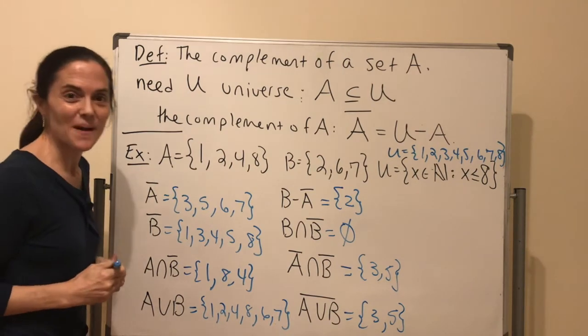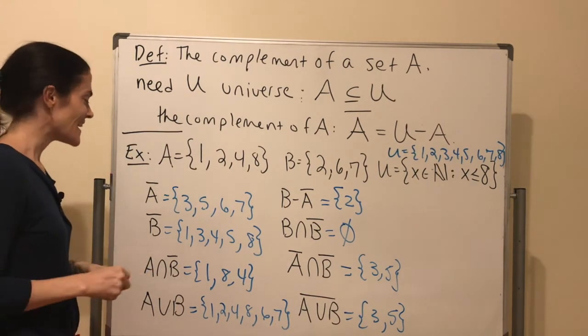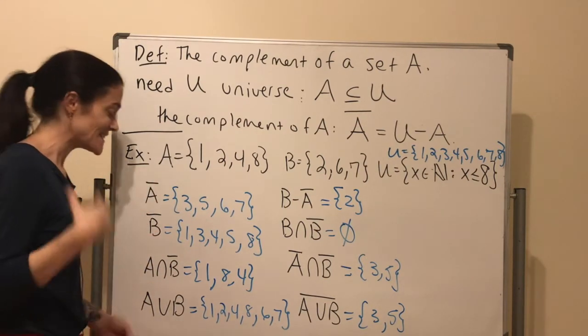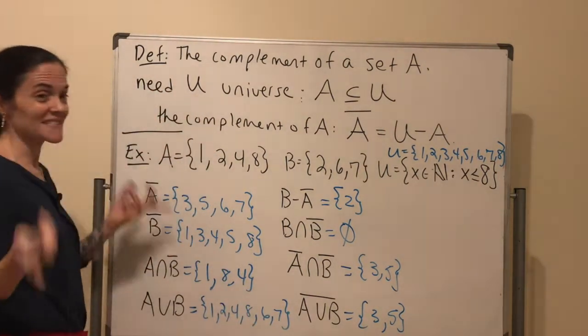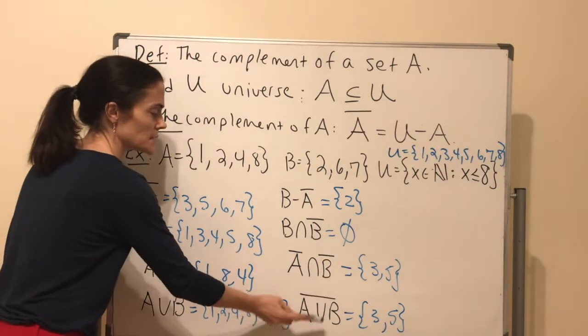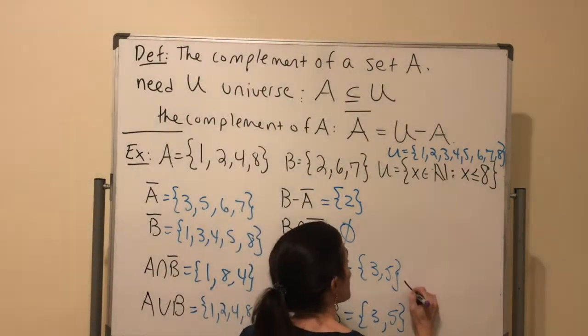Now I want to make some observations here. This is a great activity that we have done to practice union, intersection, complement, and set difference. But I want to make some more observations. The first thing that you'll notice for this example is that these two are equal. So I'll make that observation here.